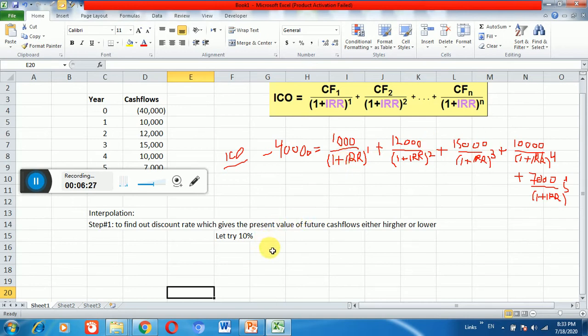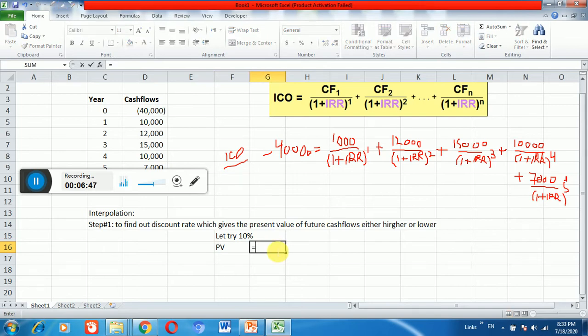So in the first trial at 10%, I'm using this function: the present value of all these cash flows using the lower interest rate.